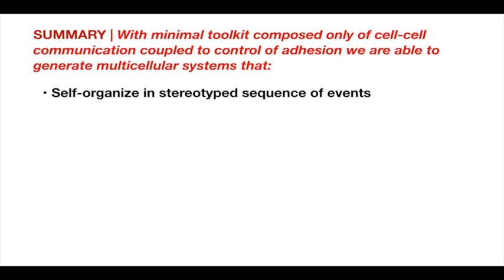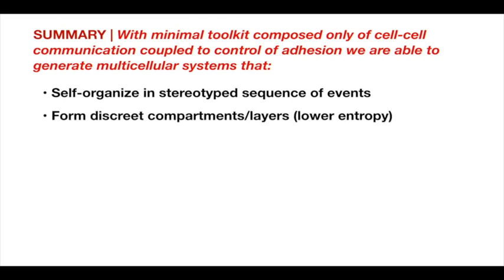Okay, so with this minimal toolkit composed only of cell-cell communication coupled to adhesion, we are able to generate very simple multicellular systems that have at least some key things that we think are important in morphology and tissue. They self-organize in a stereotyped sequence of events. They can form discrete spatial compartments and layers.